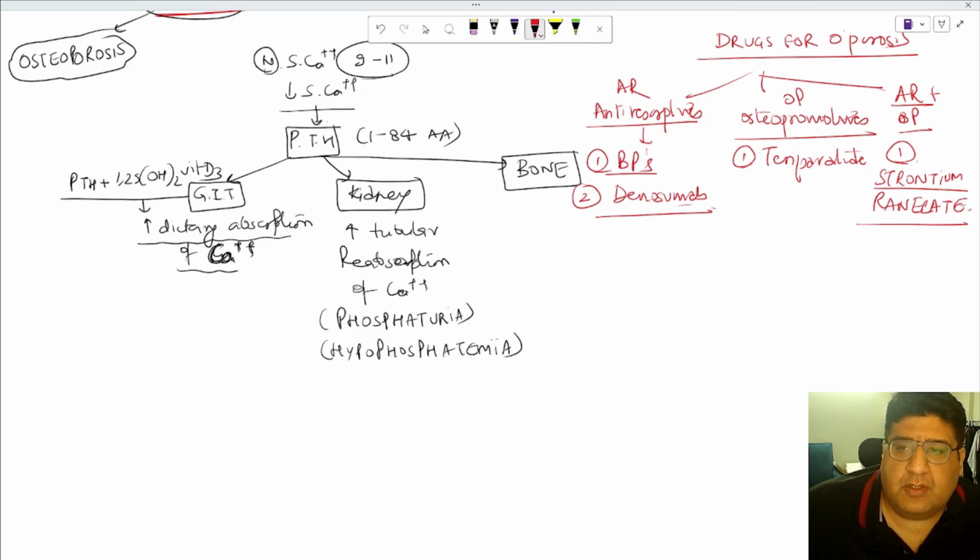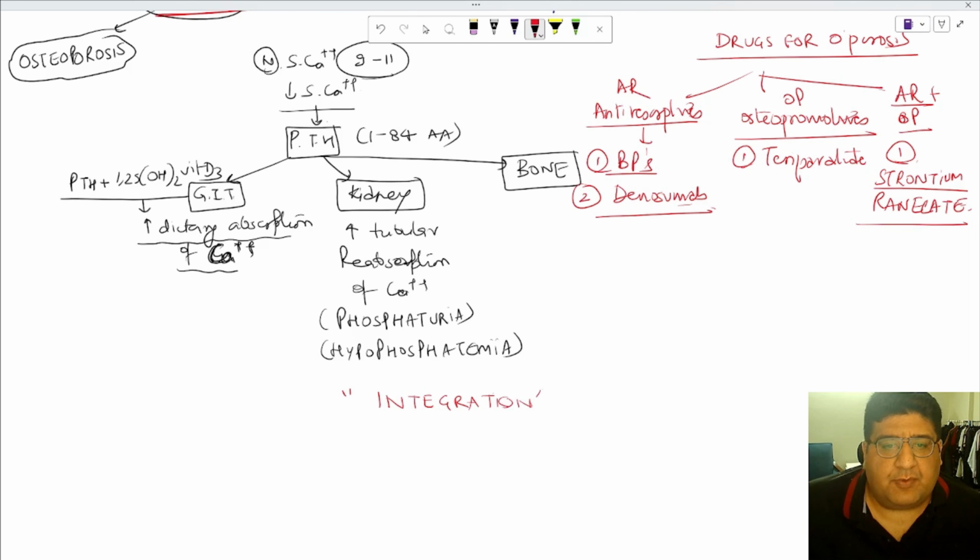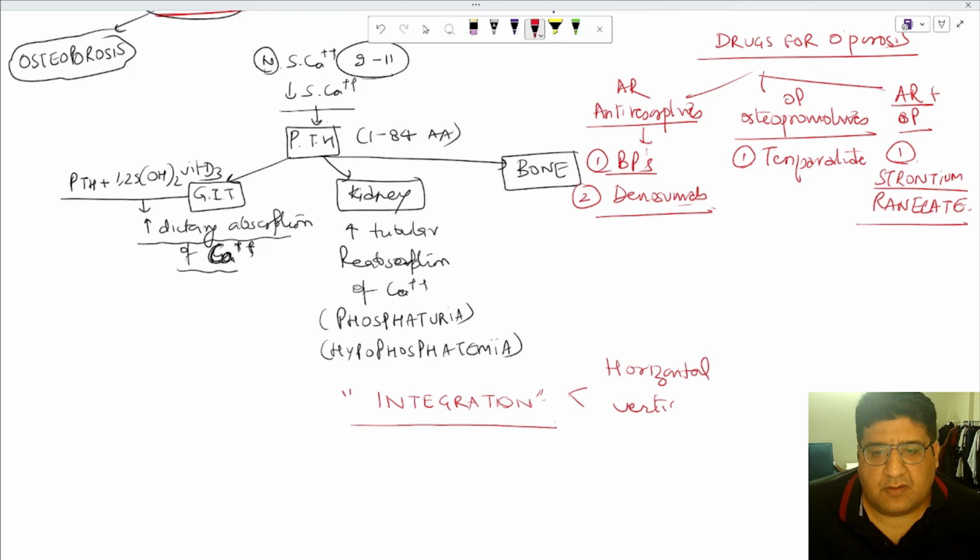And I hope you will utilize this to clear your basics, and use this tool in your preparation. So integration, be it horizontal, be it vertical, is the actual game changer for anybody preparing for a competitive entrance exam.